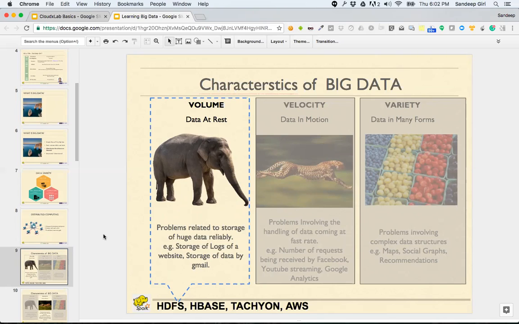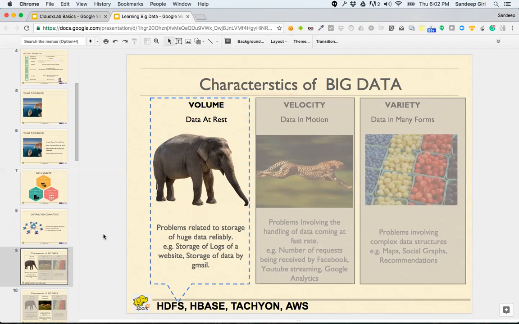Now, if you think about Gmail and Facebook storing the videos and the emails, how would they be storing that? That kind of problem of storing such humongous data is the volume aspect of data.